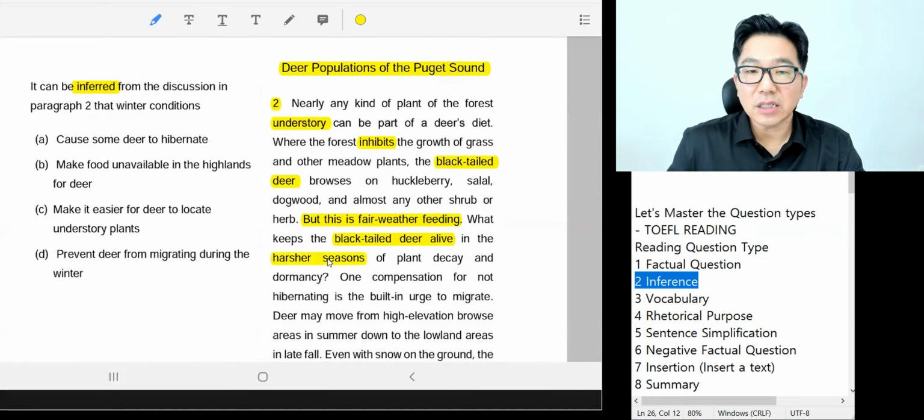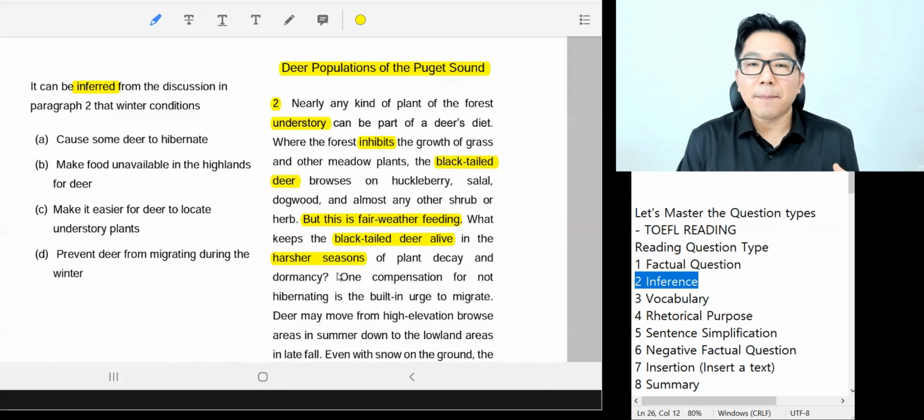So harsher seasons are opposite of fair weather, okay? Of plant decay and dormancy. So when do plants decay and when do creatures, animals have dormancy? During winter, right?